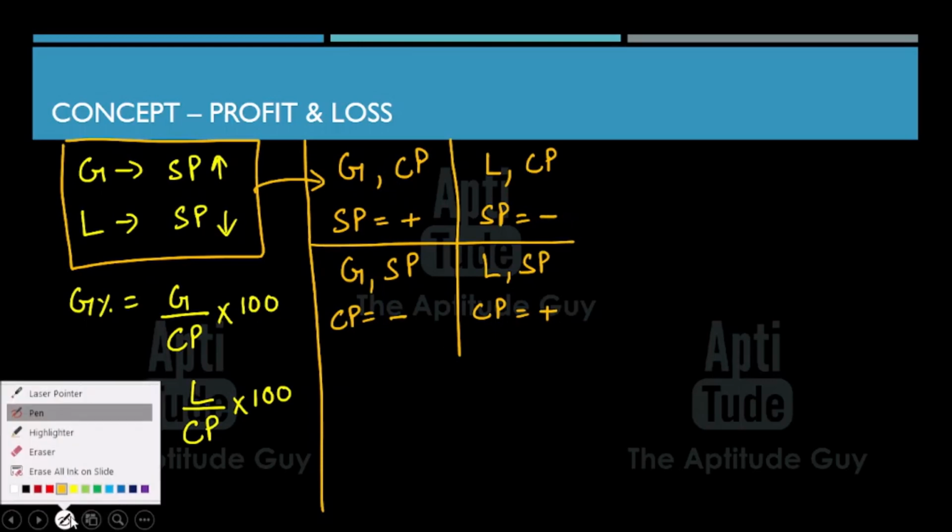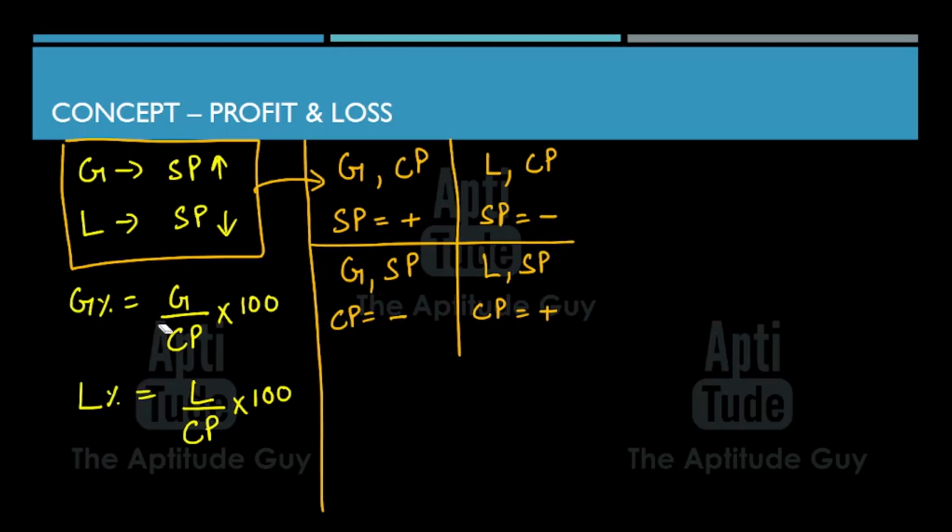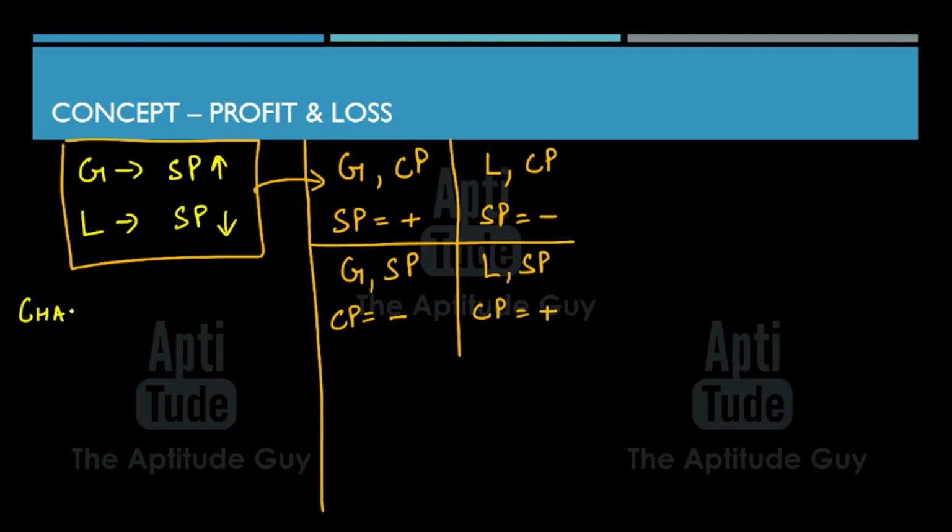Now, the other useless formulas are these two formulas, gain percentage and loss percentage. You really do not need these two different formulas. In the previous video, by previous video I mean the percentages video, we learnt a very important formula, that is change percentage.